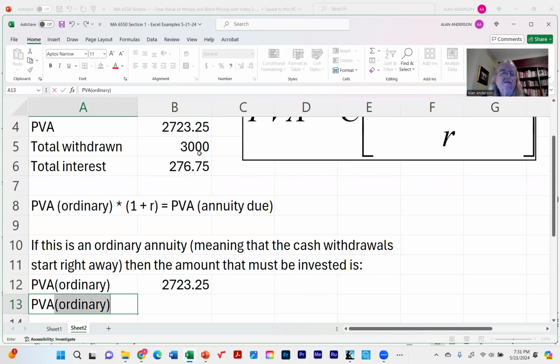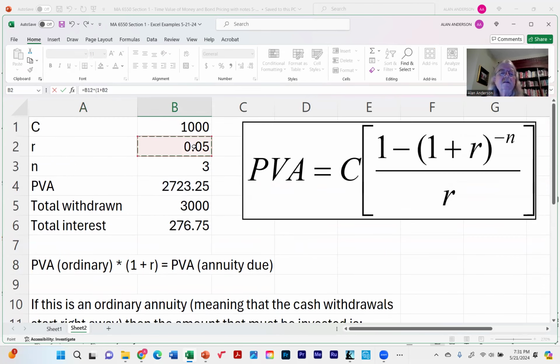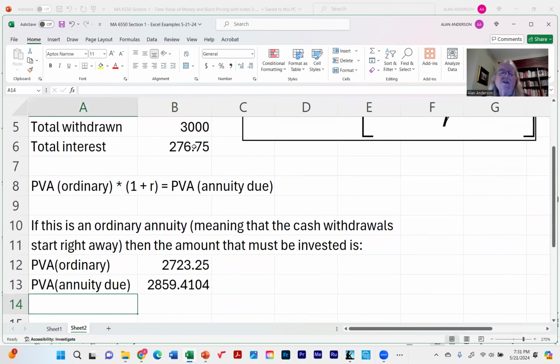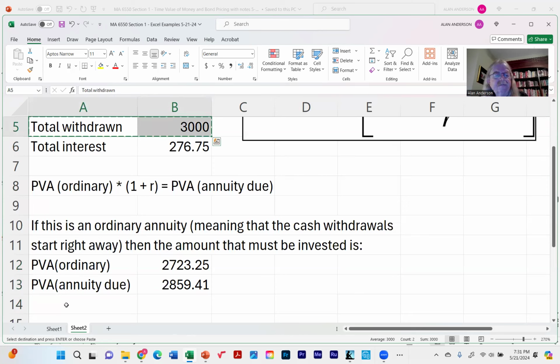Therefore, PVA annuity due is this number times 1 plus R. And when you look at it, you'll realize that it makes perfect sense because the total withdrawn is still $3,000.